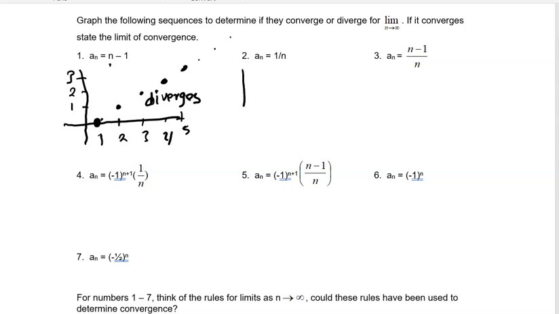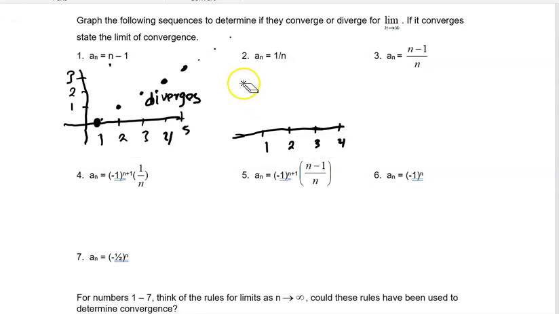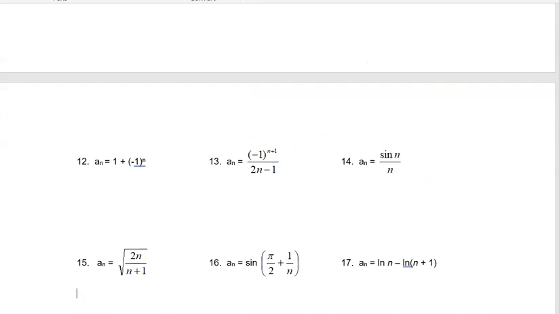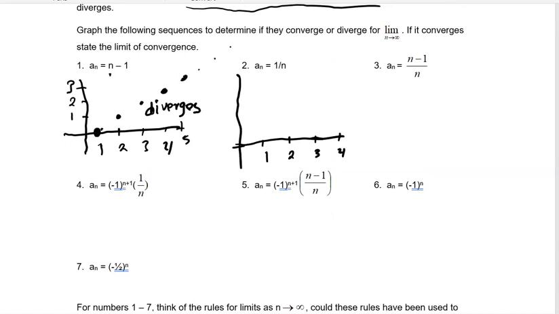Number 2. Same thing, just start at 1, and we only need a first quadrant. Take your 1, plug it in. 1 divided by 1 is 1.